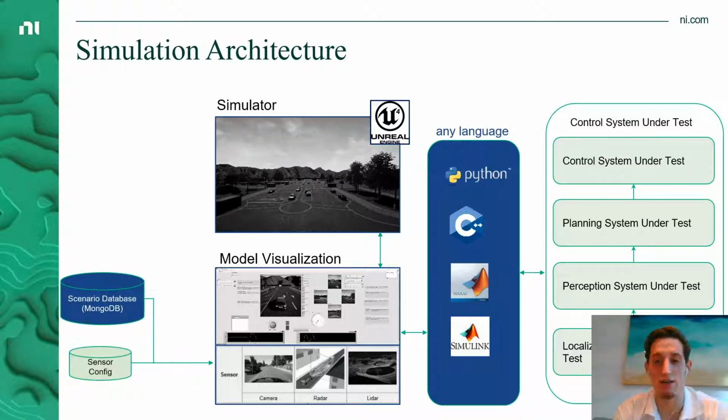To do that in real time, again, requires a lot of computational excellence, a lot of data movement that needs to happen at really high data rates, and there are a lot of strategies used to achieve that. If you want to test just the planning and control system, you would feed an ideal version of the world, an ideal sensor of the world, into the planning system, and it would then execute those same things. That's a lot less computationally expensive because you're not generating those synthetic sensor models.